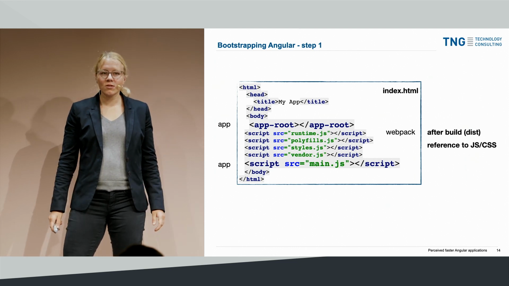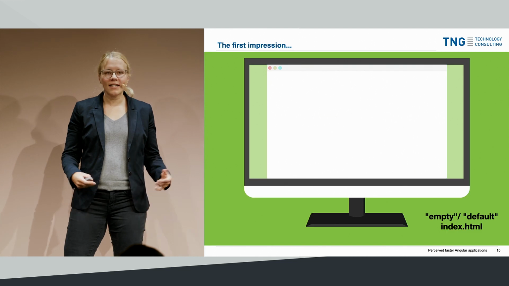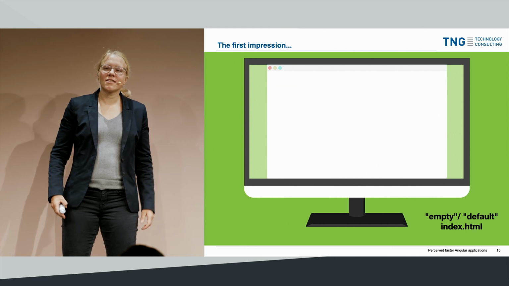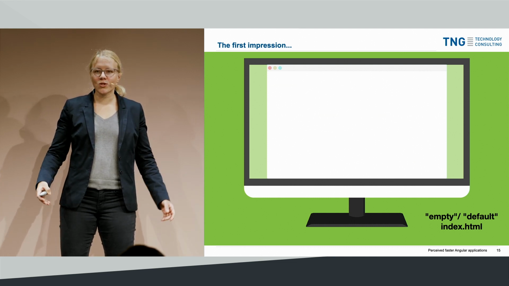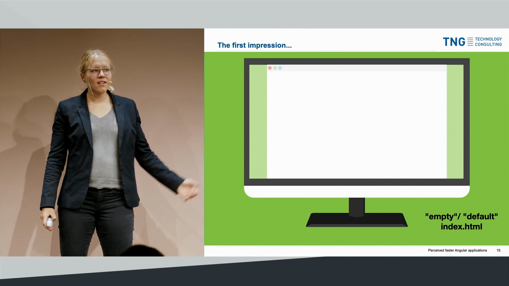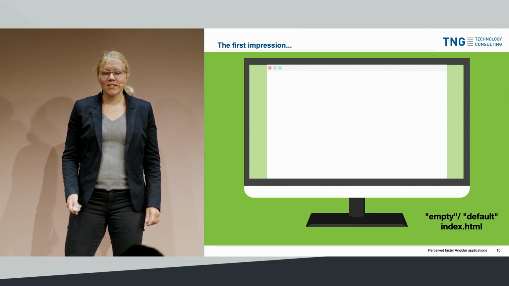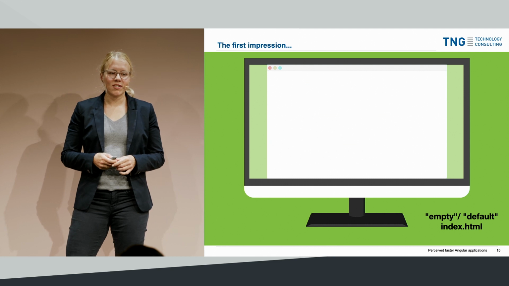And if we just use this boilerplate and don't do anything against it, until our JavaScript is loaded, is interpreted, and all the bootstrapping worked, we see a white screen. So if we go with the standards, we usually have an empty page.